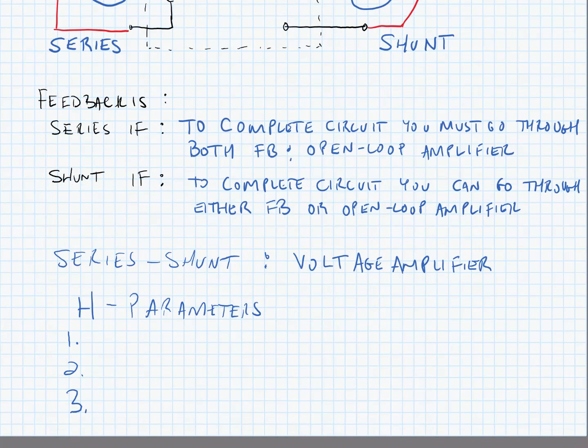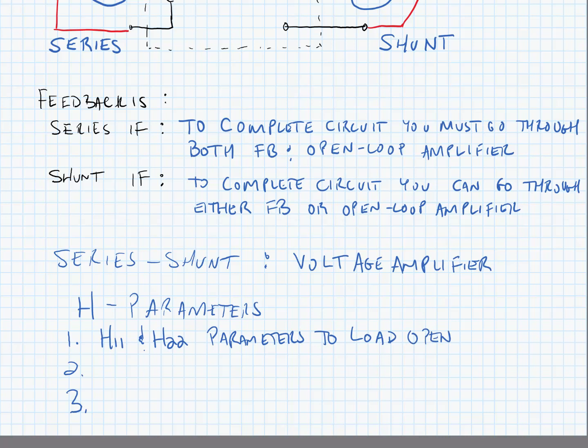So what we're going to do is calculate the H11 and H22 parameters to load the open loop circuit. So we're going to put H11 at the input of the open loop circuit and H22 at the output of the open loop circuit.